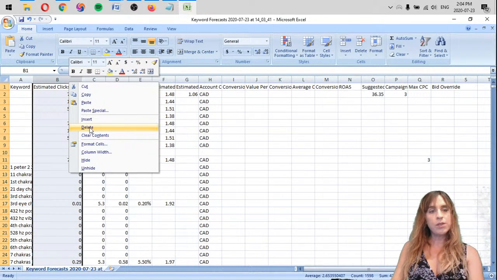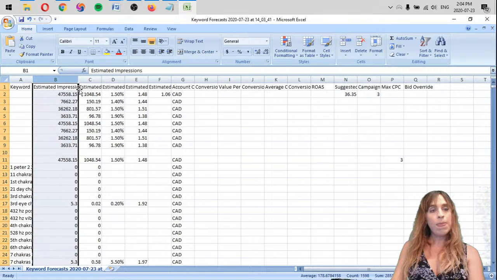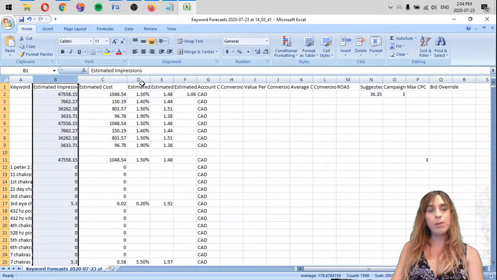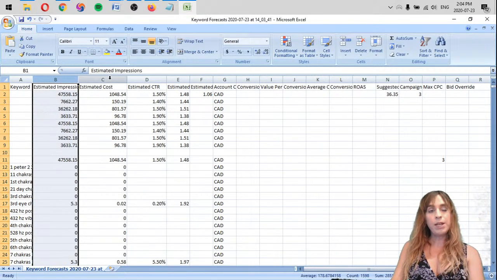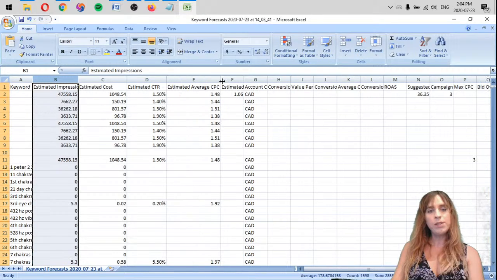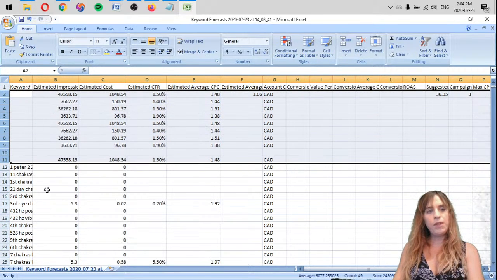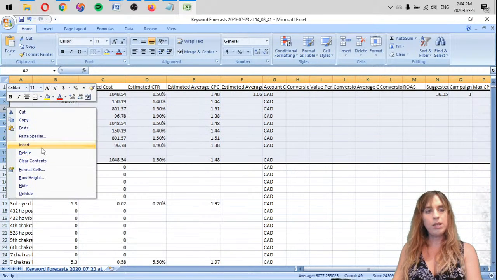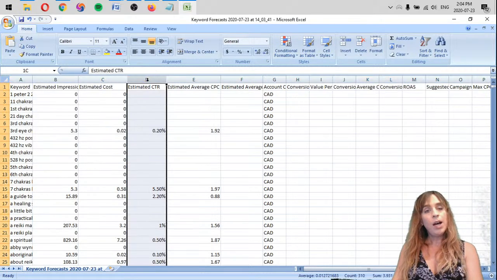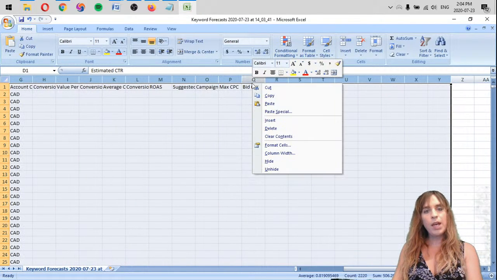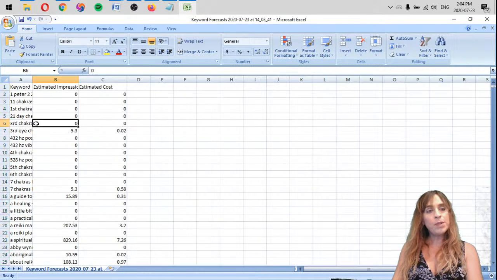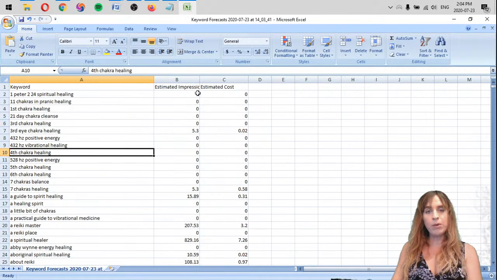Estimated clicks, no. Estimated impressions, absolutely we would like. Estimated cost is going to be interesting to us. So we're going to get rid of, and also these first few lines here, we can get rid of as well. Yeah, so we'll just get rid of everything else. For our purposes, these are all we need to worry about.